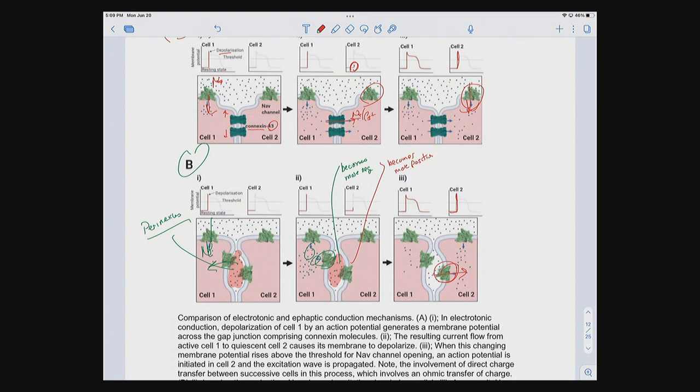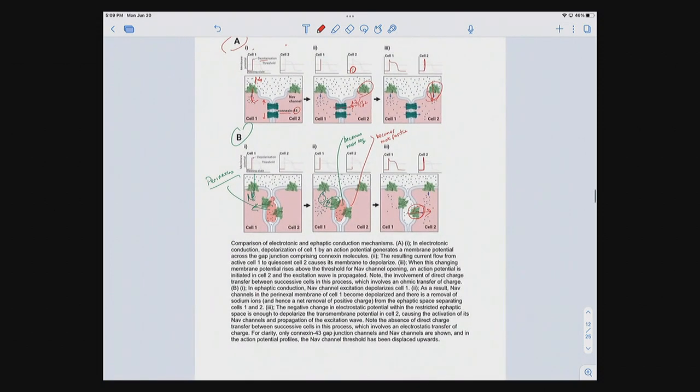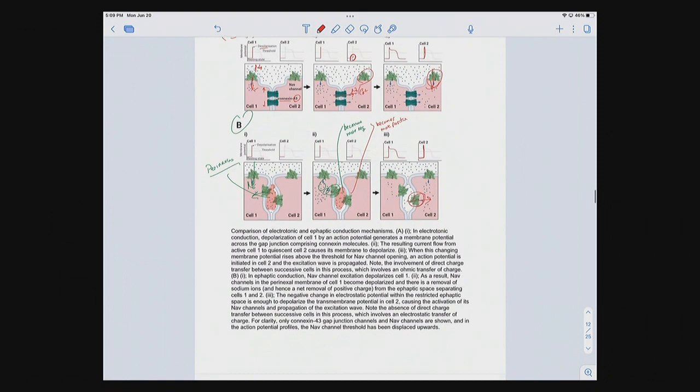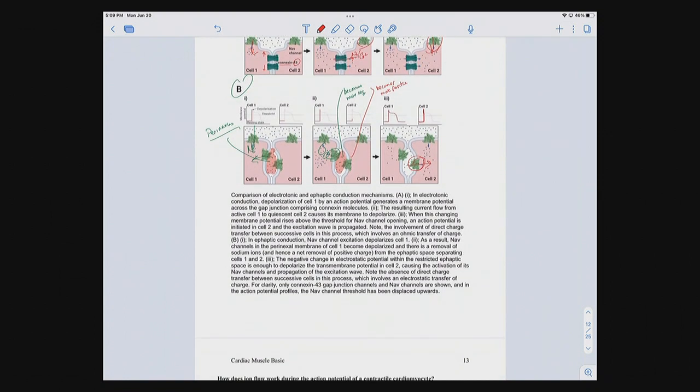Of course, this is not either or, so the latest thinking on this is that it is a combination of these two mechanisms. So we actually have a mixed mechanism. So we have ephaptic coupling and gap junctions that are going to be involved in the axial potential propagation from cardiomyocyte to cardiomyocyte.